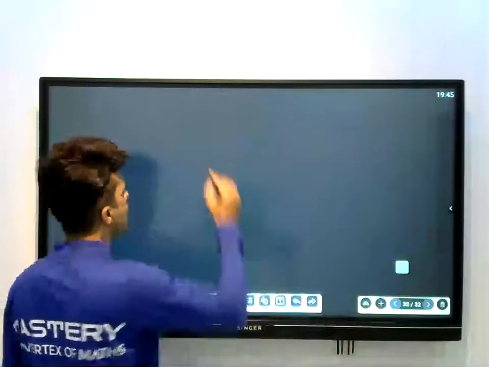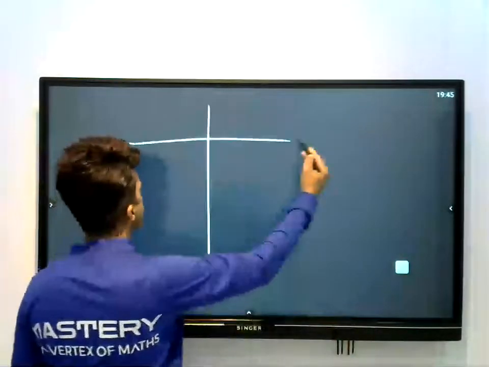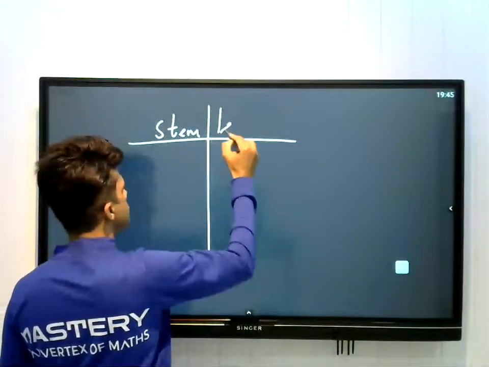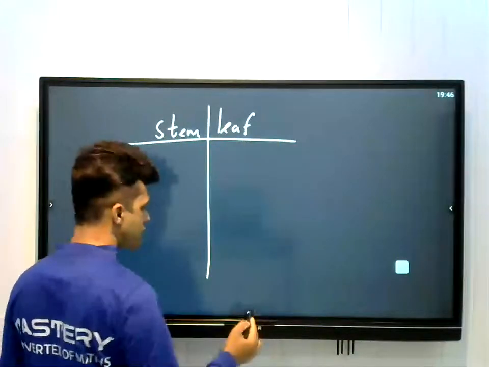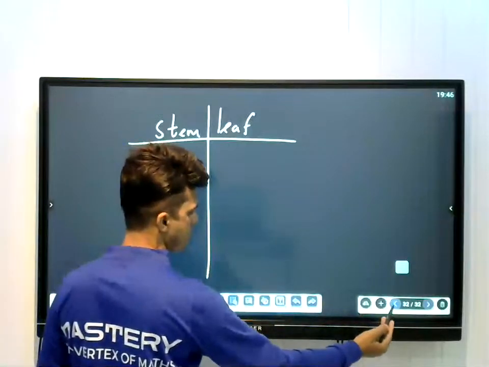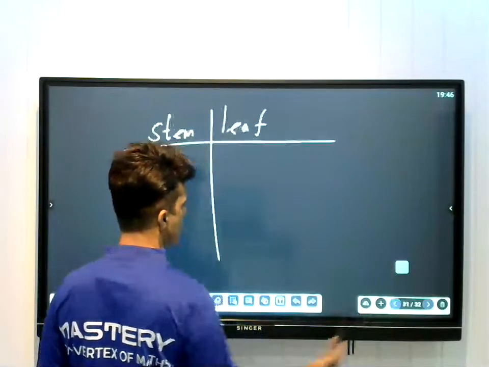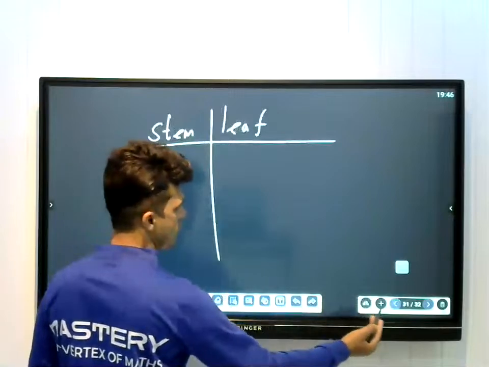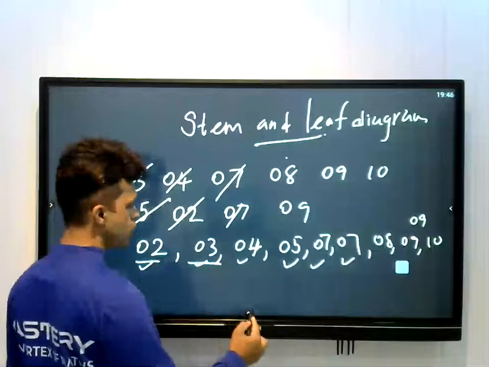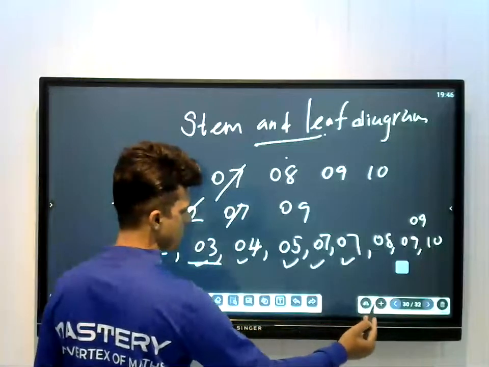Stem and leaf diagram. Stem, leaf. So the first ones are 2 and 3, which can be entered here.